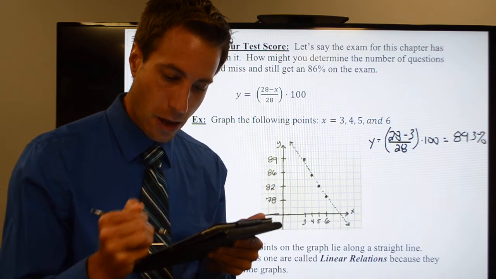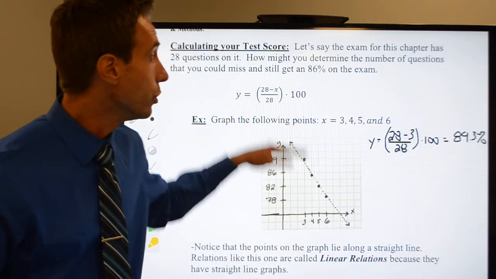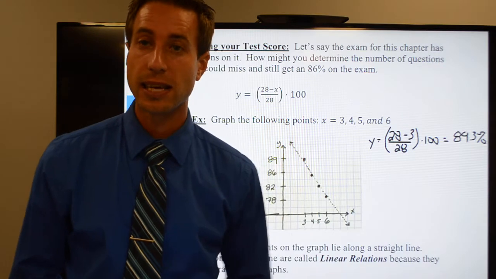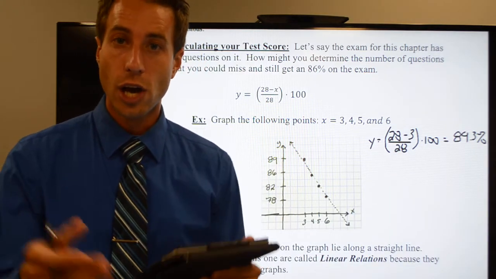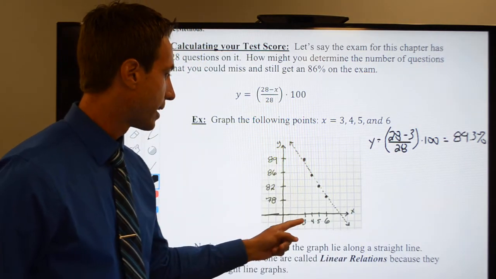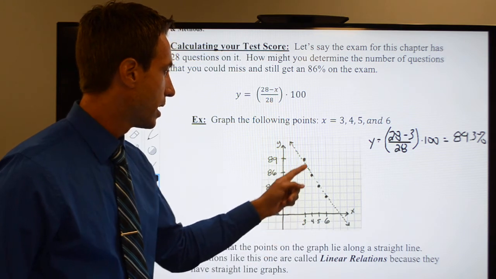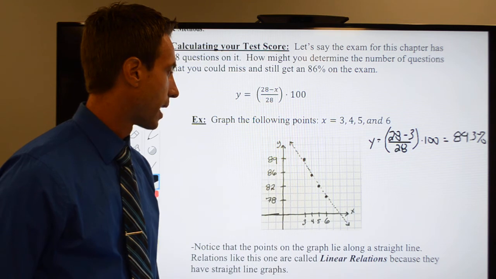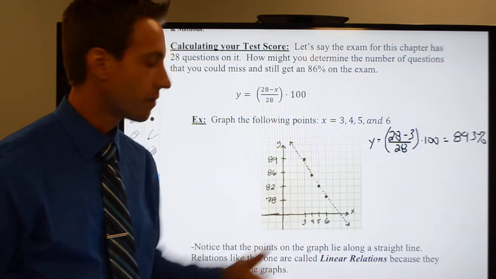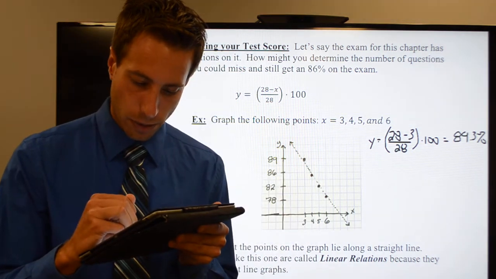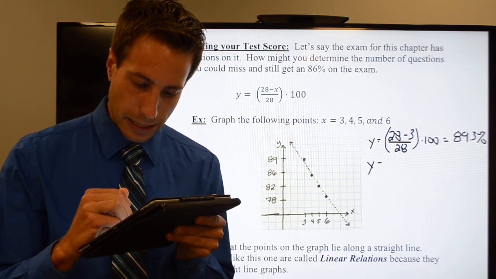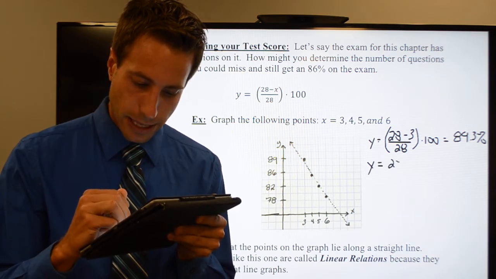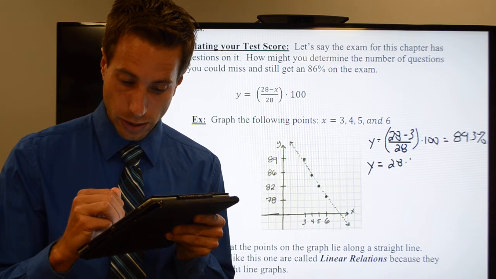Well, the good news is you want to get an 86% on the test, so if you were to miss 3 questions, you're still good, and I have plotted that here. I've missed 3 questions. It comes out to an 89.3%. All right, let's keep going. What if you missed 4? Well, if you missed 4, y would be equal to 28 minus 4, which of course is 24.